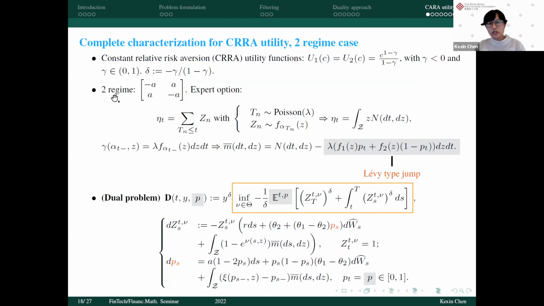So we consider the bull-bear market case and also the expert opinion example that we defined previously. I just remark that in this setting, the M bar takes this form where the intensity measure is given by a function of the filter process itself. And this part leads to the duality-type jump feature.